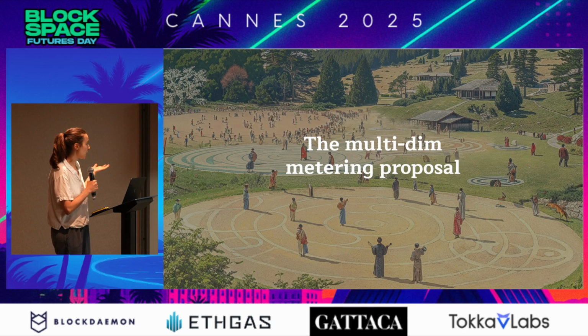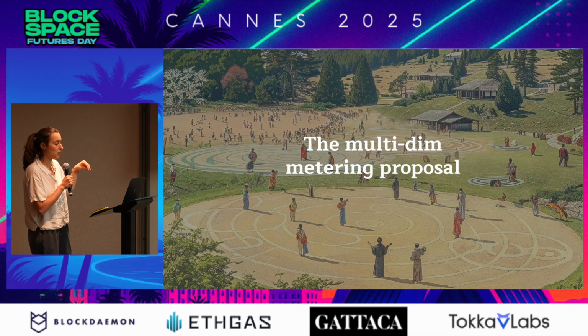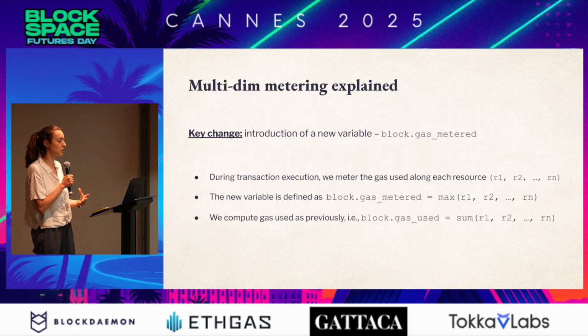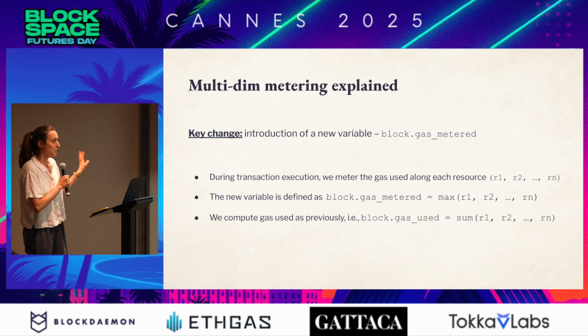And so this is where we go to multidimensional metering. As the name indicates, we are only focusing on the block metering. So we will not change anything related to transaction pricing. We are really focused on just introducing a new mechanism for metering. And the proposal is very simple.